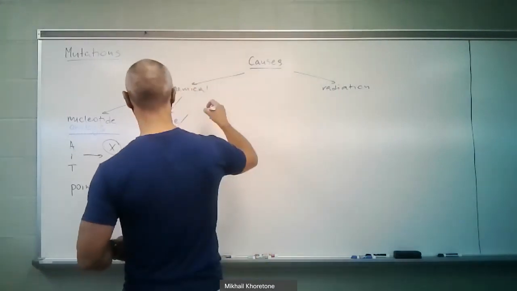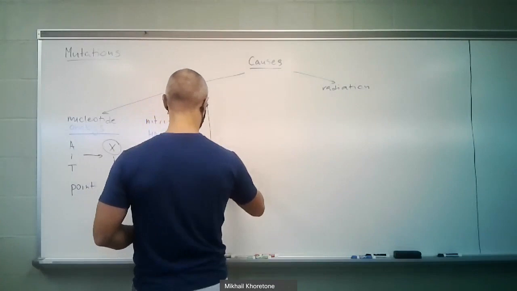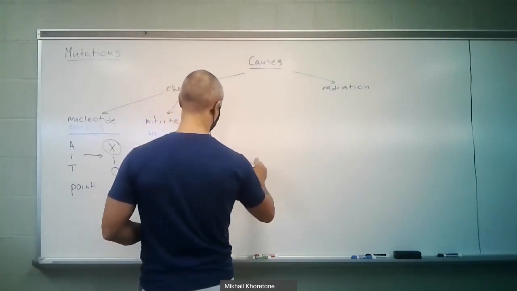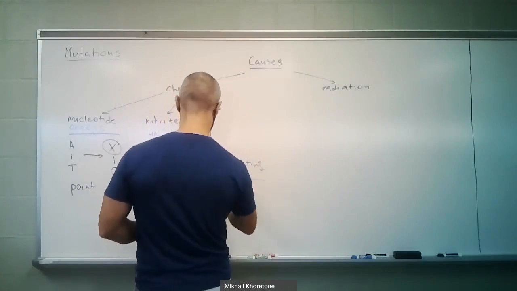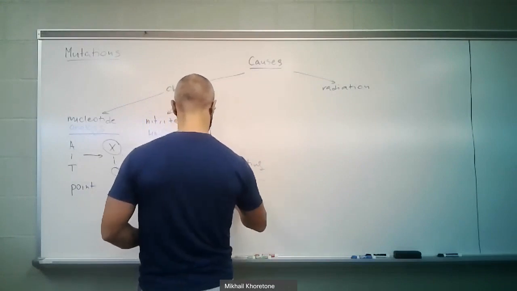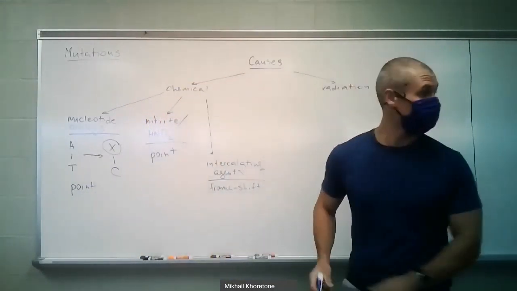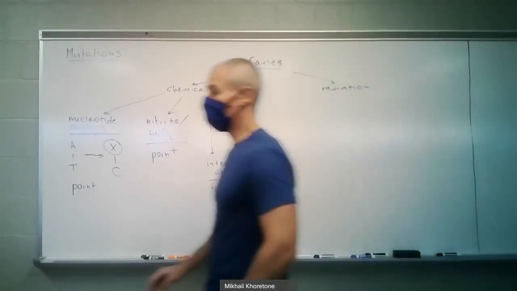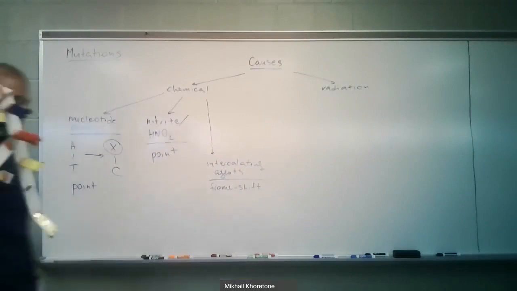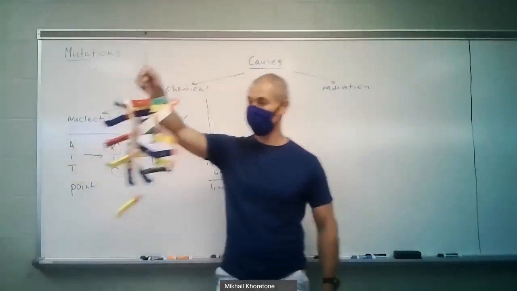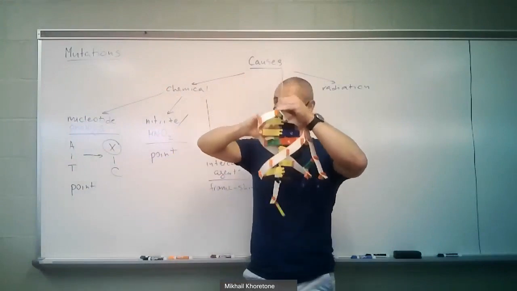And then we have intercalating agents, which cause frame shift mutations. So how they do it? Now, if you look at this decrepit DNA model right here, you can see those few bases right here.